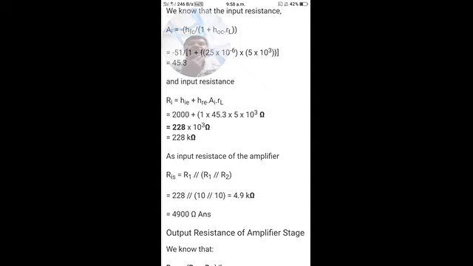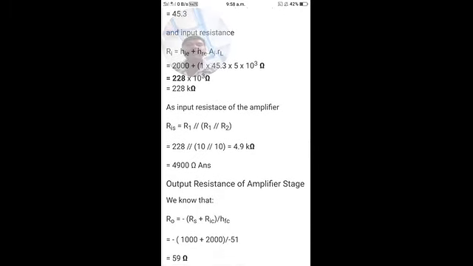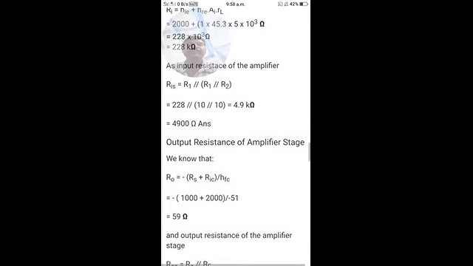And the input resistance of the circuit Ri dash is the parallel combination of Ri parallel with Rp, so it is 4.9 kilo ohms.